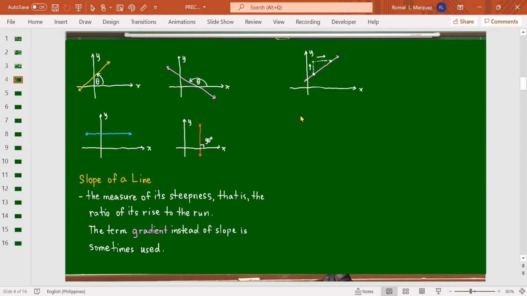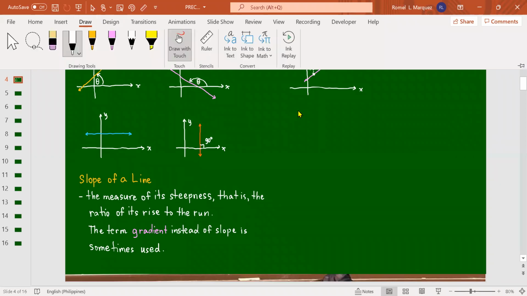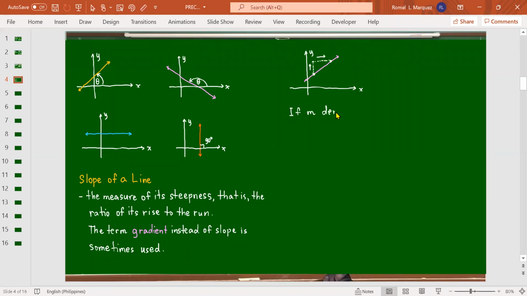If slope is represented, for instance, by m, then m is equal to rise, in this case positive, over run, also positive in this illustration. Okay?